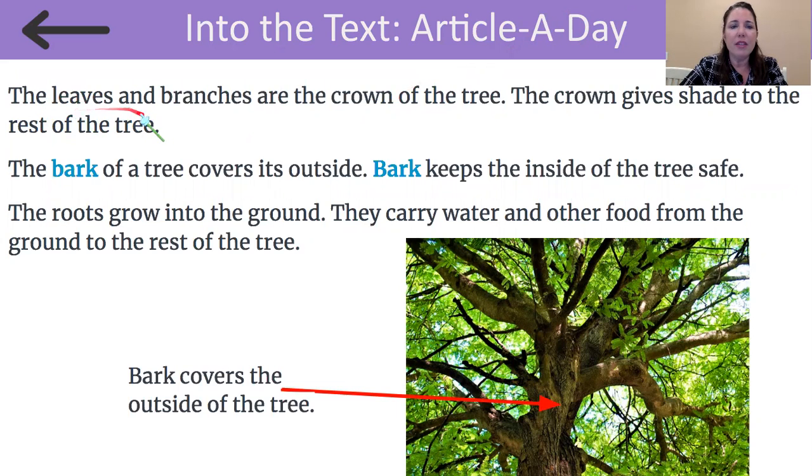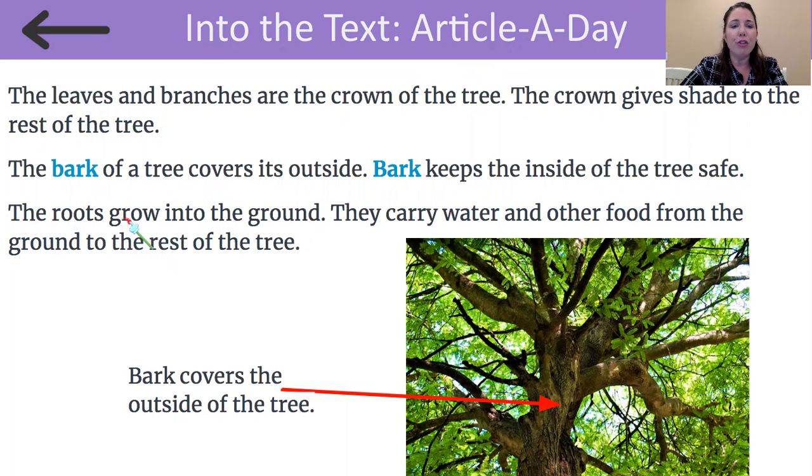The leaves and branches are the crown of the tree. The crown gives shade to the rest of the tree. The bark of a tree covers its outside. Bark keeps the inside of the tree safe.